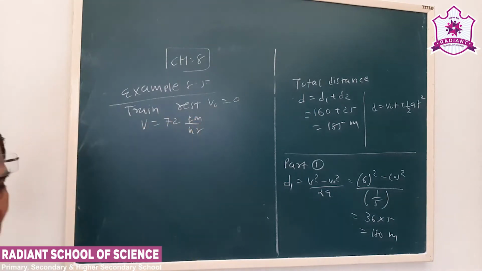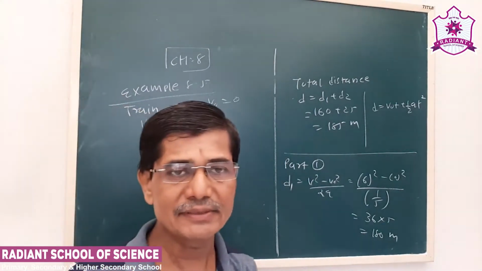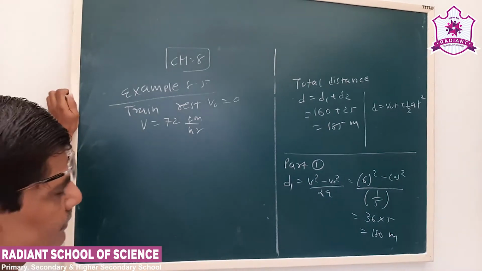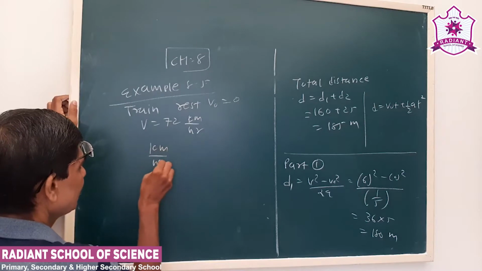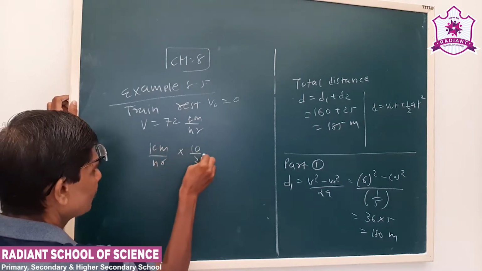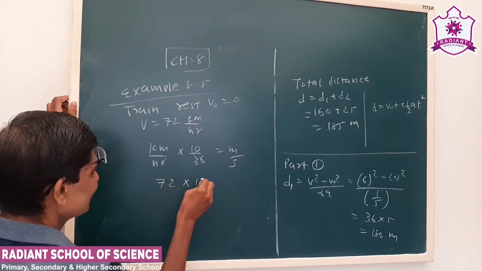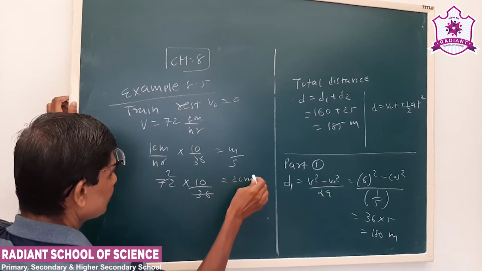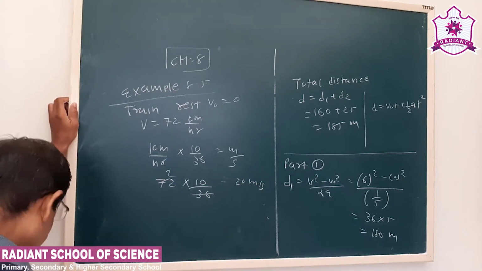As I told earlier, generally the MKS unit of acceleration is meter per second square. So here we also convert kilometer per hour into meter per second. As I gave you the formula, kilometer per hour into 10 upon 36 is meter per second. That is 72 into 10 upon 36, 20 meter per second. The time given here is 5 minutes.